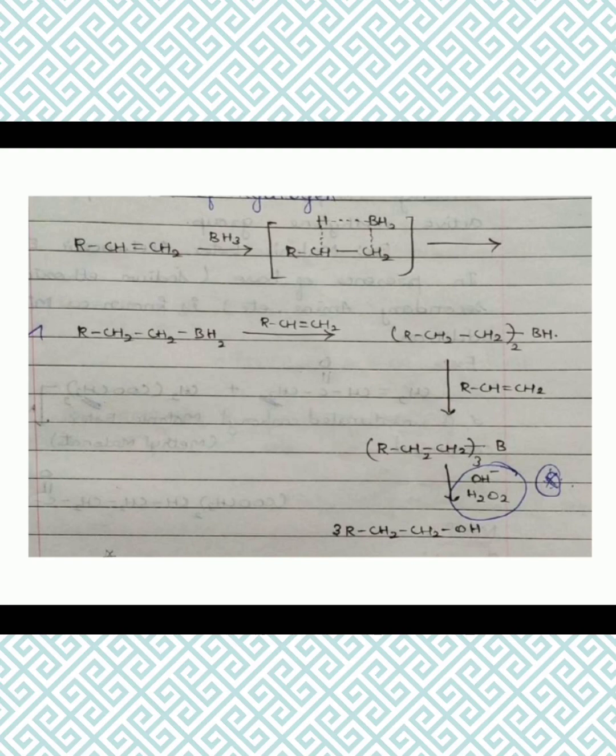The alkene reacts with BH3, the initial product is CH2CH2BH2, which then combines with further alkene to form trialkyl borane. So this is the mechanism operating in this hydroboration reaction.